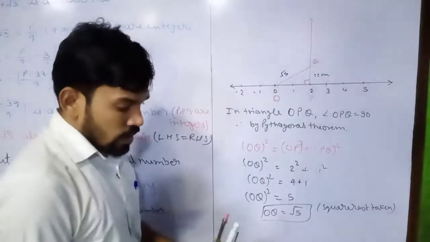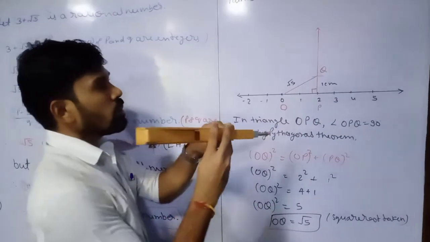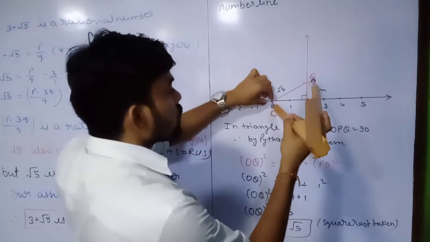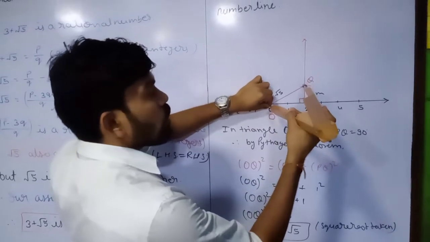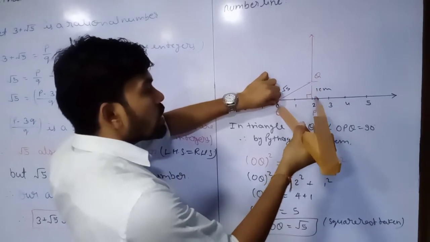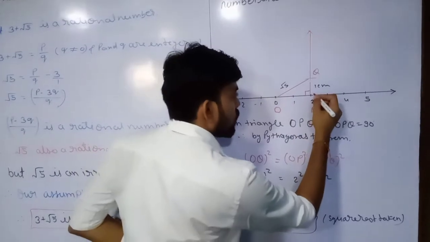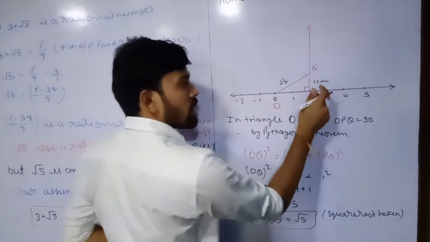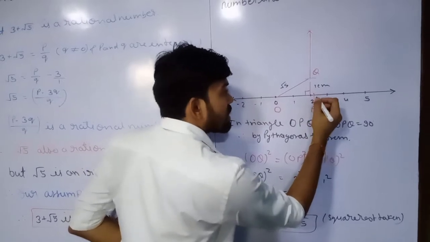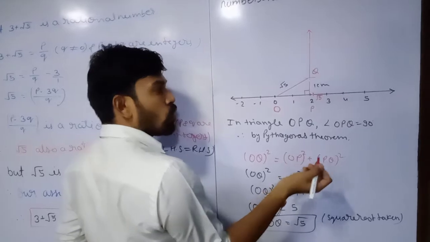For that, we take a compass, keep it on the O, take the distance of OQ, and make a cut on the number line. Where the cut mark comes, that is nothing else, that is the point root 5.